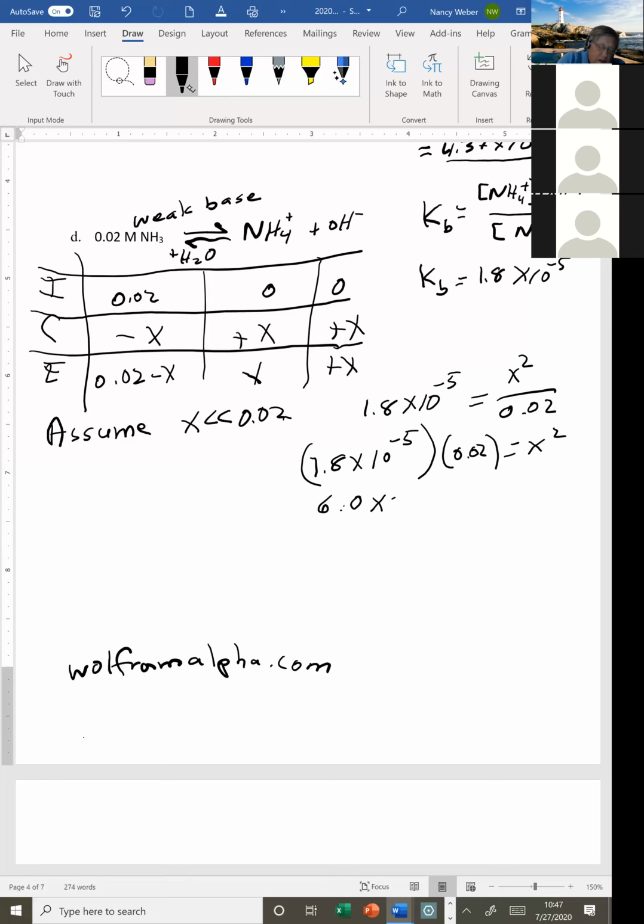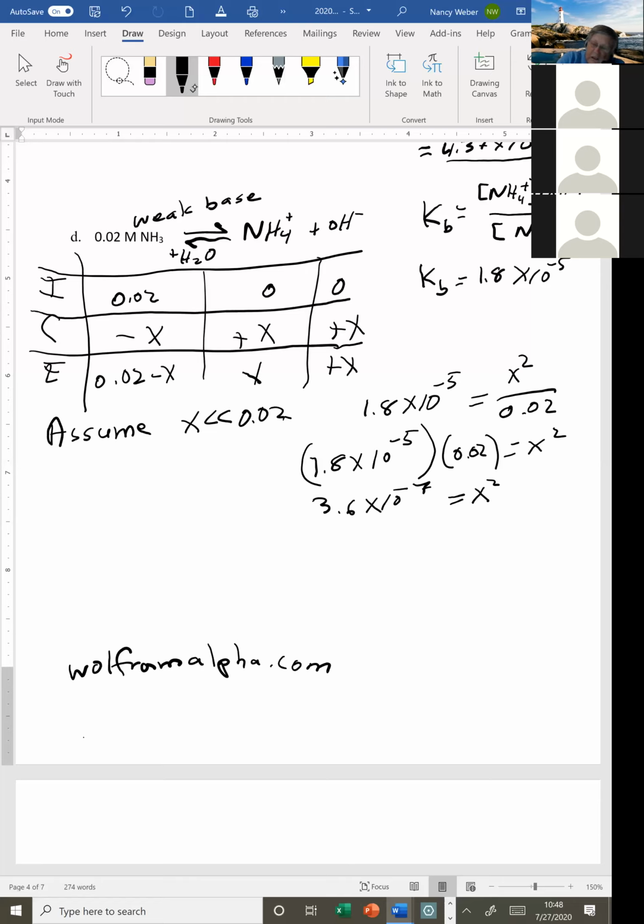Or wait, I'm skipping. That makes more sense, times 10 to the minus 7 equals x squared.